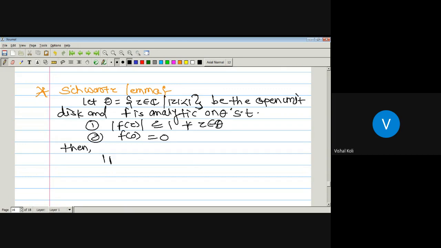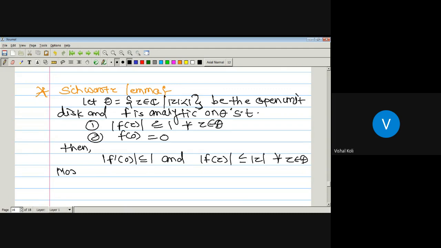modulus of f dash of 0 is less equal to 1, and modulus of f of z is less equal to mod z for all z belonging to our corresponding set theta.